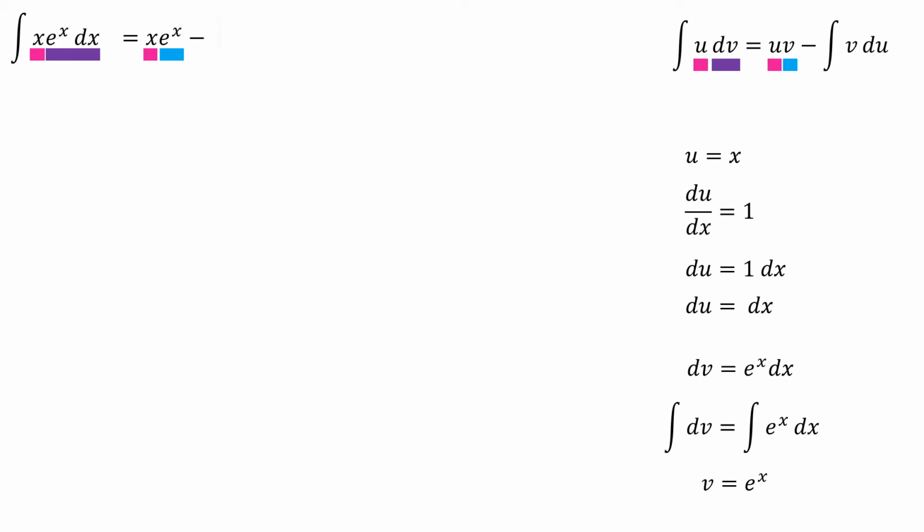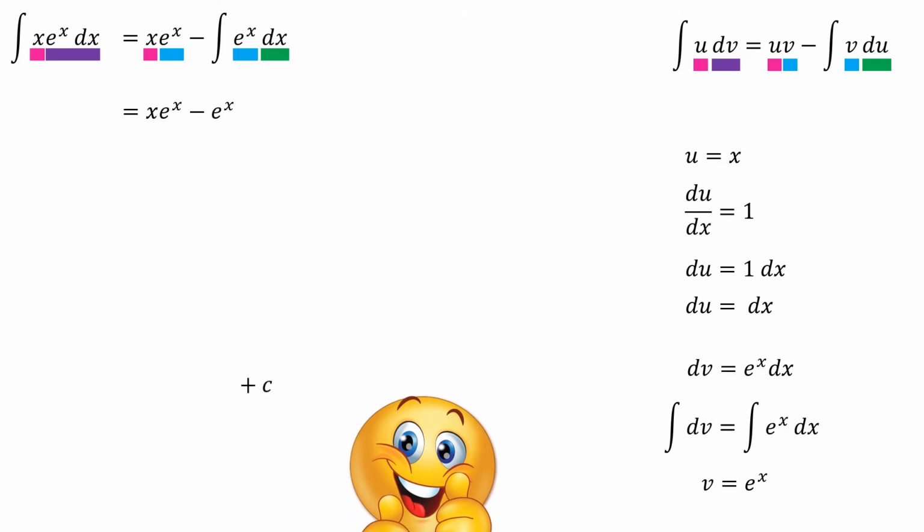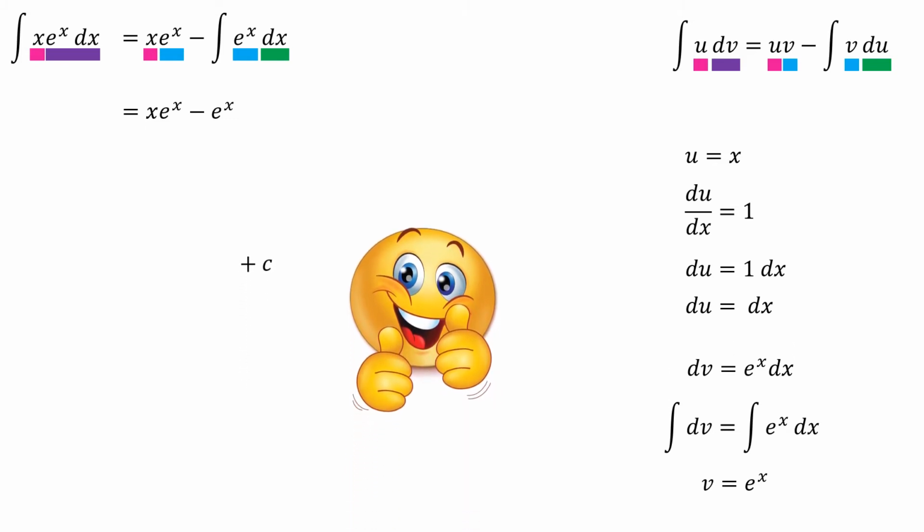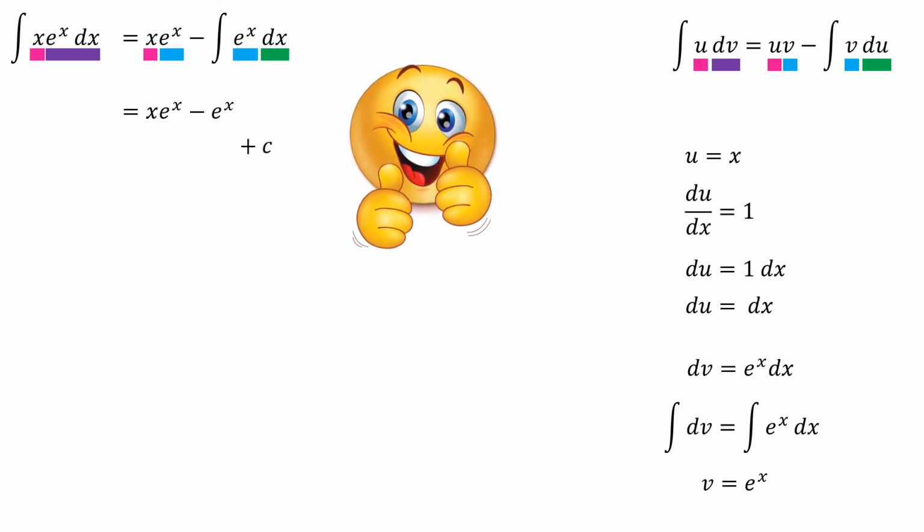Then I see an integration symbol, keep the integration symbol. V, well, v is e to the x. And now du, well, my du is a dx. Now the x times e to the x is just going to sit there, but I can integrate e to the x, right? If I integrate e to the x, I end up with e to the x. Oh, don't forget the plus c.